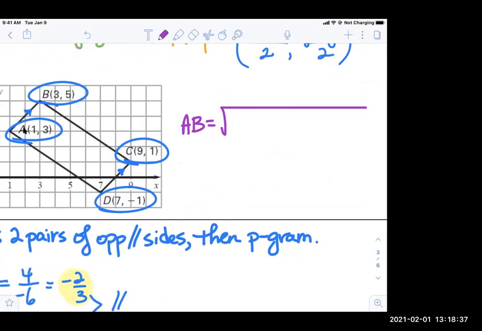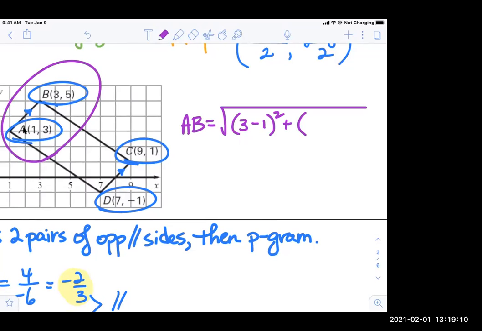You should do 3 minus 1, plus squared, plus squared, wait, I think, you're right so far.